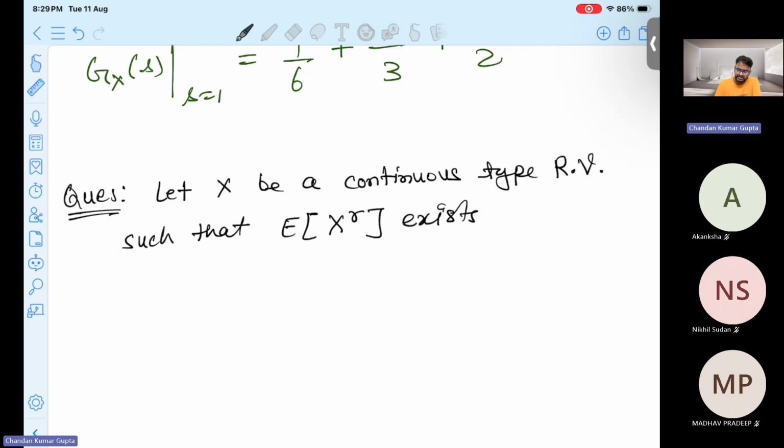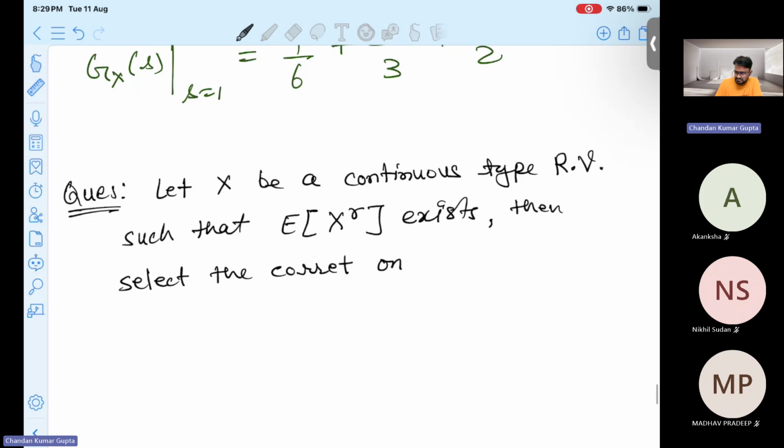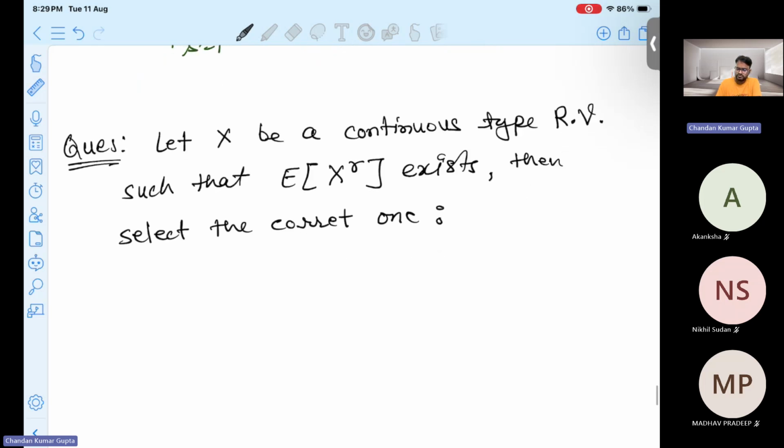Okay. Then select the correct one. So we are given 4 options here, and we need to select which one is correct.